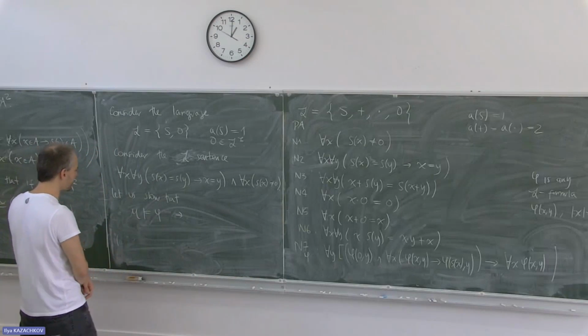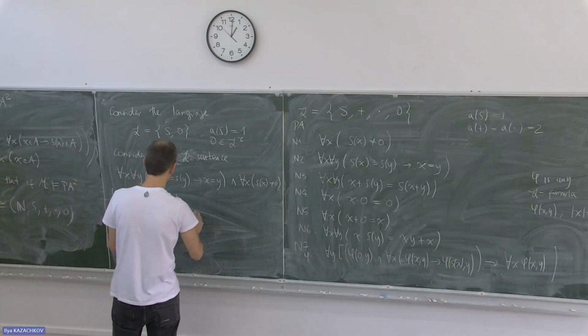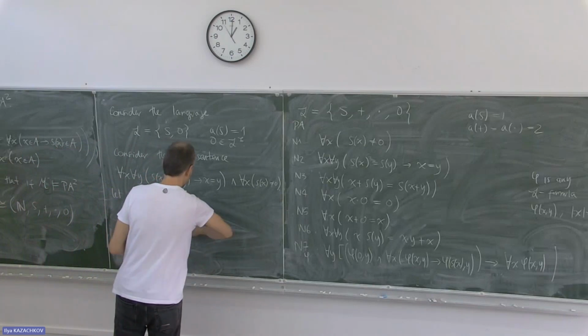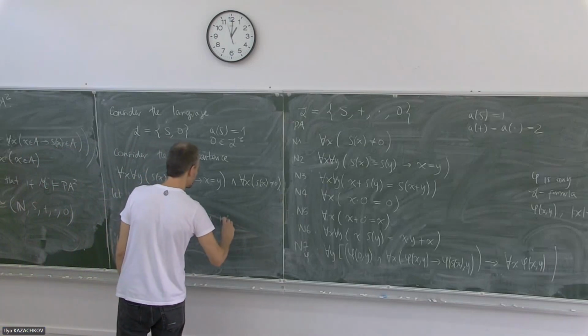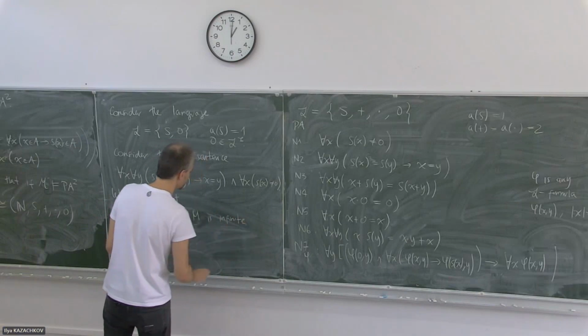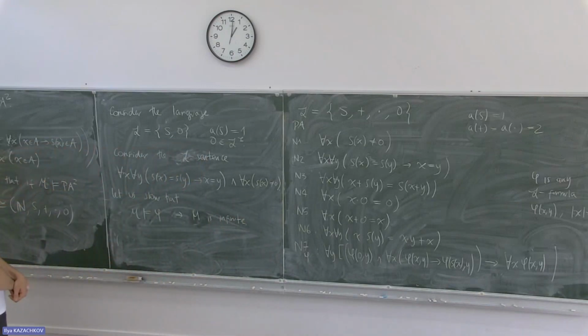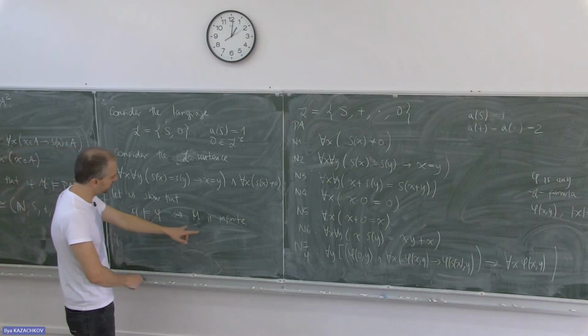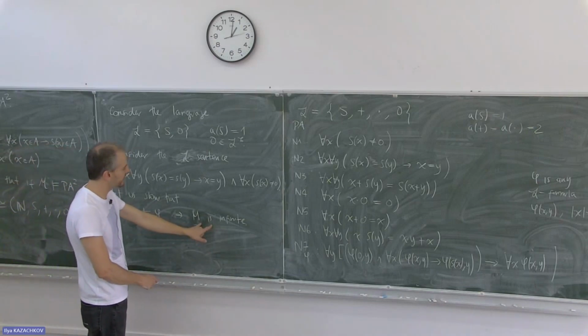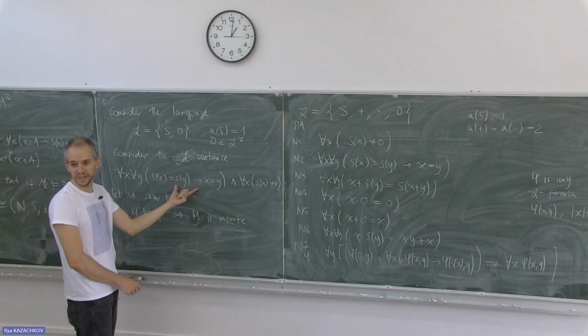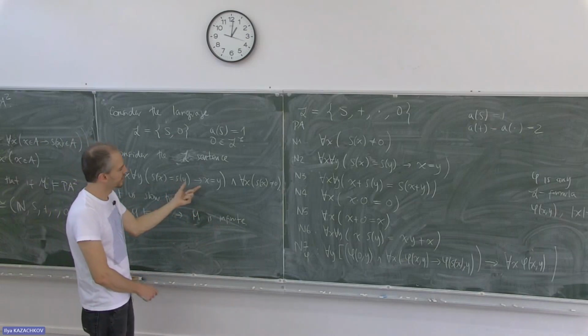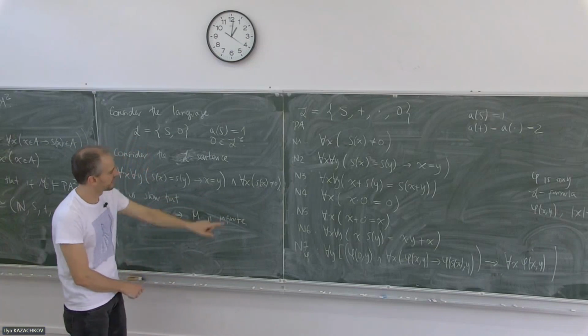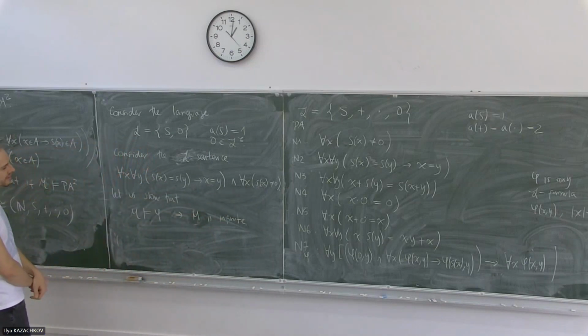But at least we have one direction. So if M satisfies this, then M is infinite. At least this is correct, right? And well, the reason was what we just said. We prove the contrapositive: if this is finite, being injective implies being surjective, right? But then here I'm saying that I'm not surjective, so this gives me a contradiction.